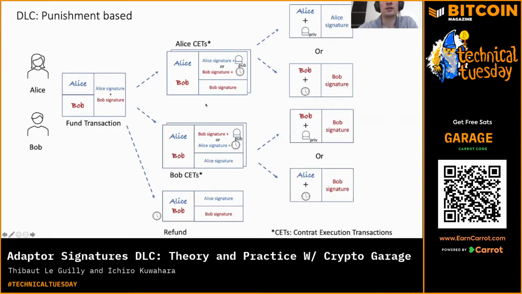And so in Alice's contract execution transactions, her payout is locked with a specific script, which enables her to recover these funds only if she actually knows the pre-image of the signature point. But her counterparty's payouts pay directly to Bob.